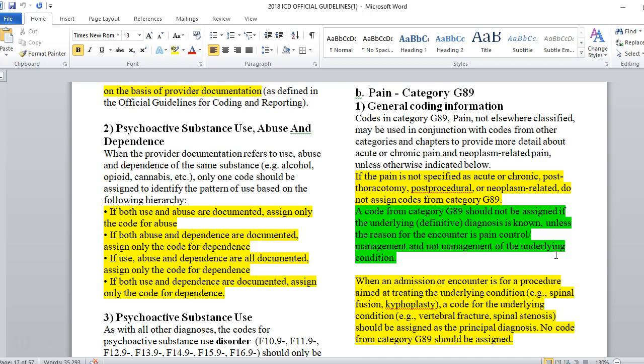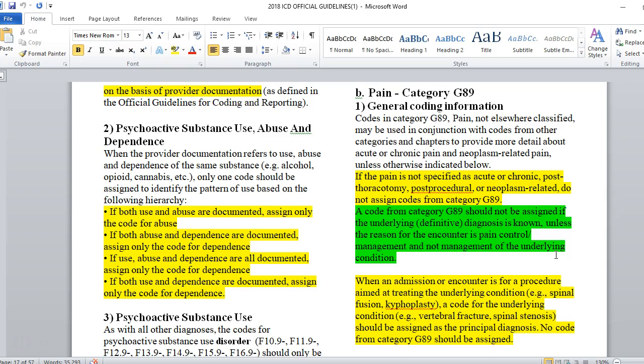If the pain is not specified as acute or chronic, post-thoracotomy, post-procedural, or neoplasm related, do not assign a code from category G89. So if they just say low back pain, we're just going to code low back pain. If they say acute low back pain, then we can code the low back pain and the acute pain. Same thing with chronic, neoplasm related.